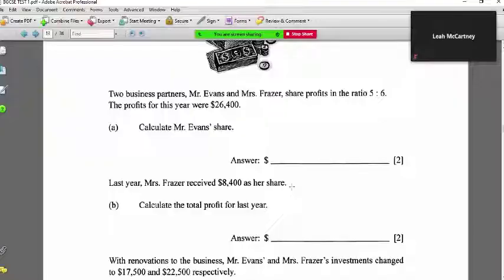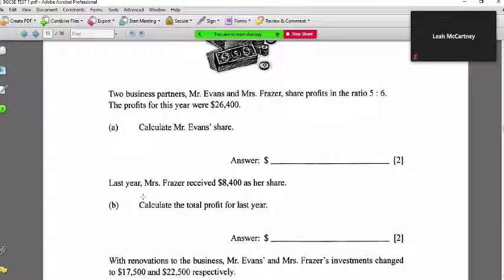So this one is a little trickier. You're going to have to think about this one. This is almost like the reverse, right? The original problem gave us the total profits, and then we wanted to calculate the share. In this case, we are given the share, and now you want to calculate what the profits were.